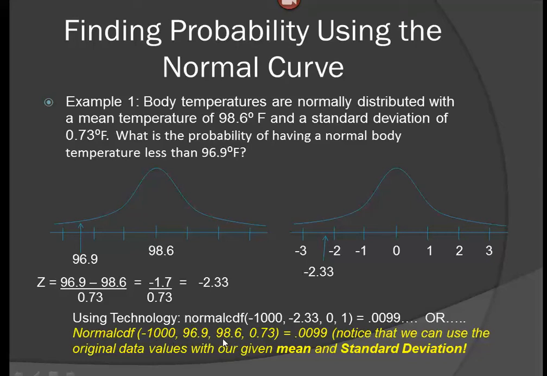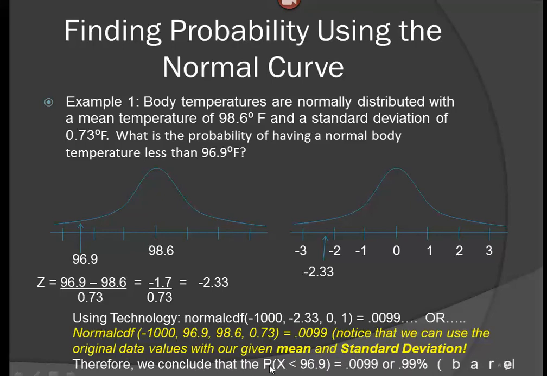And then we put what the mean temperature was, which is the mean of my data set, 98.6. And instead of putting 1 for the standard deviation, we put what the actual standard deviation value is for the data set, which is 0.73. You see that this also gives us that same outcome. So we can use our original data values with our given mean and standard deviation. Therefore, we conclude that the probability that x would be less than 96.9 is 0.0099 or 0.99%, which is barely less than 1% probability.